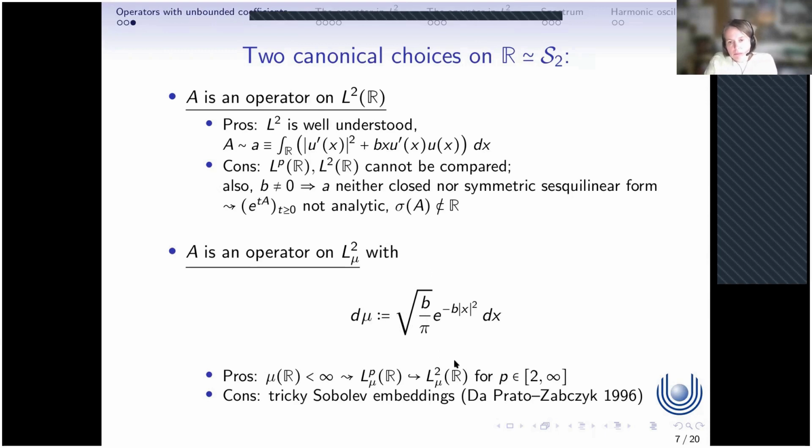The problem is that if you want to work with forms, then you need to have a good understanding of the form domain. And with respect to this measure, Sobolev spaces are not so nice, but okay, this problem is now over, because there was a nice famous paper by Zegarlinski, or the book of Zegarlinski actually, in '96, where this has been studied nicely. So now Sobolev embeddings are known for this kind of spaces.